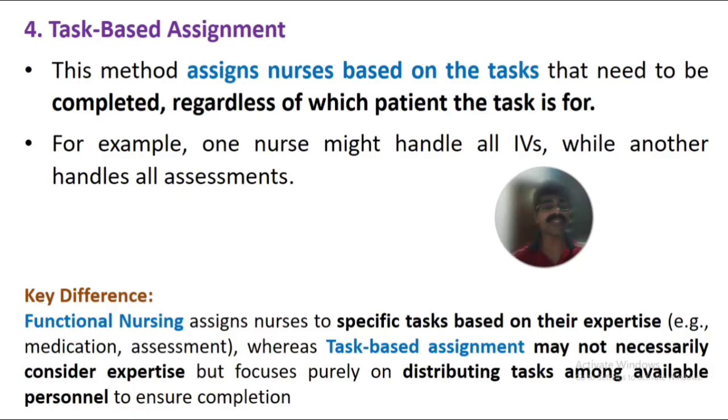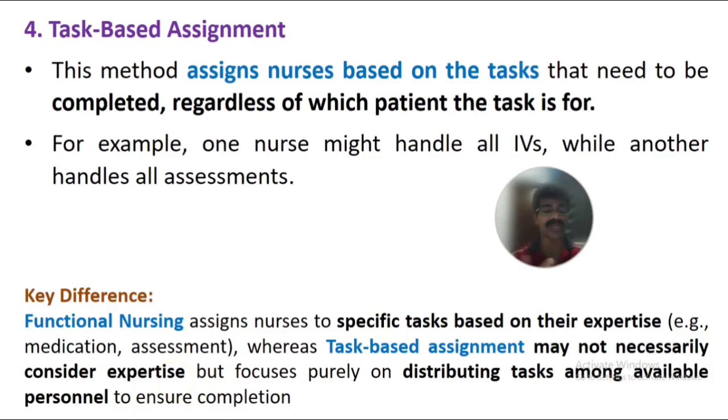But what is the difference between functional and task-based assignment? In functional nursing, nurses are assigned to a specific task based on their expertise. Here in functional nursing, we select a nurse according to her expertise, or those who have more skill will be given that particular specific job, for example medication, assessment, etc. Whereas task-based assignment does not necessarily consider the expertise.